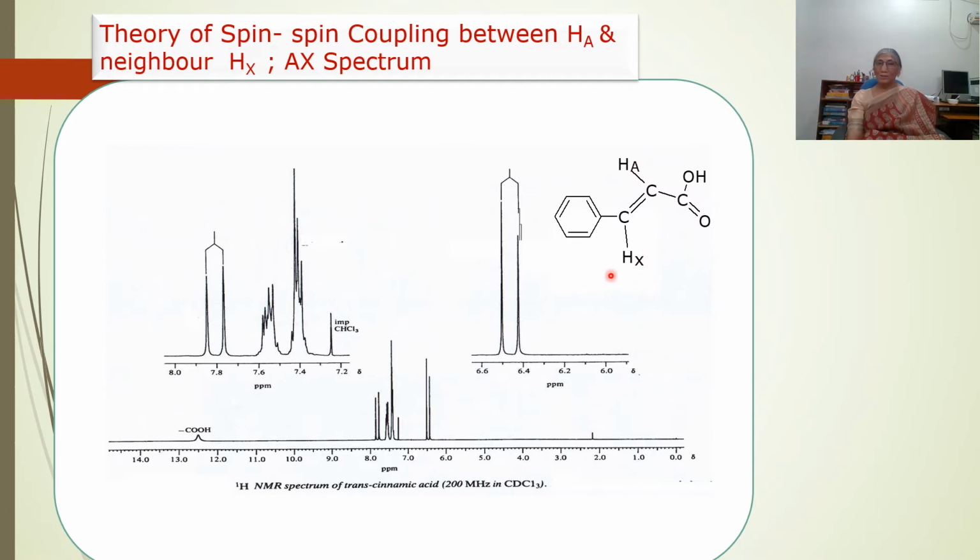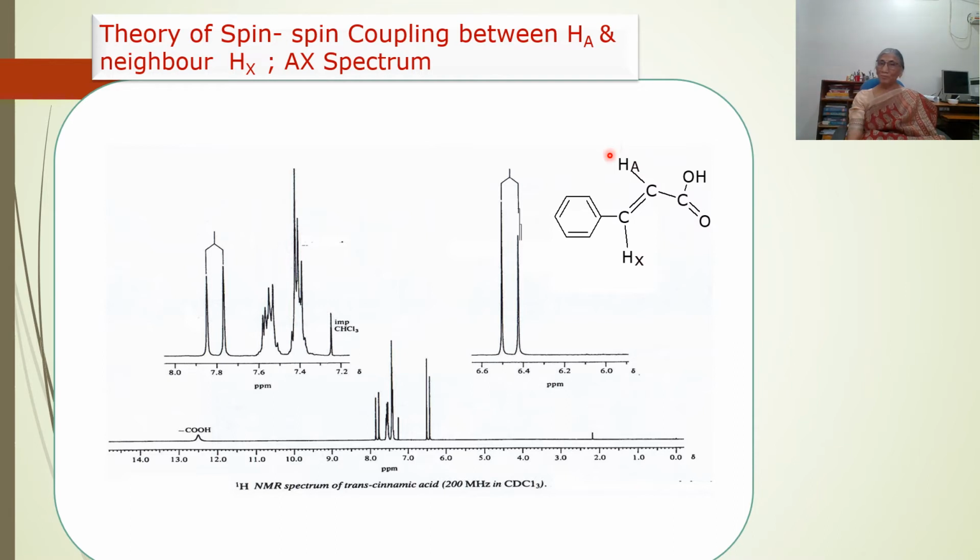The total magnetic environment of proton X also includes its neighbor proton A. The nuclear magnet of proton A can align with proton X, or it can oppose proton X. That is to say, proton X can be de-shielded or it can be shielded.